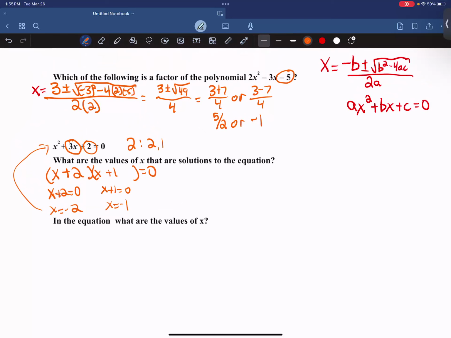If you can't look at this and see it this way, you can always default back to this. Will we arrive at the same answer if we do it that way? Well, of course we will.